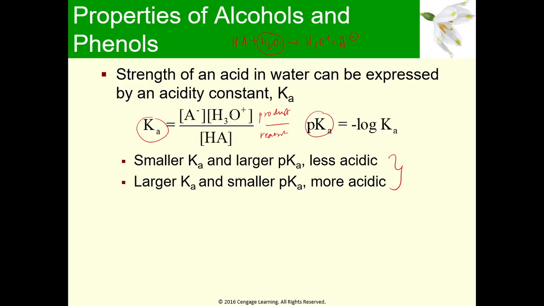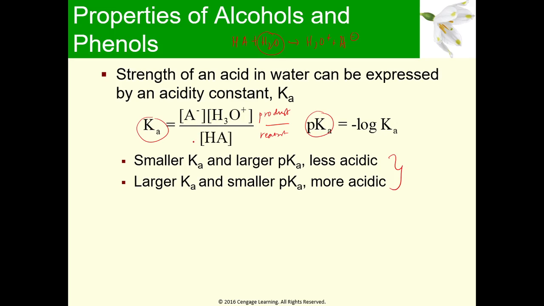Pero kapag yung substance mo ay weak acid siya, a small portion lang yung nakikreate na H3O+ and A-. At mas madami pa rin yung HA. So, pag mas mataas ng HA, ano nangyayari sa Ka?